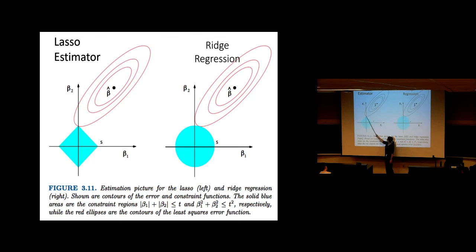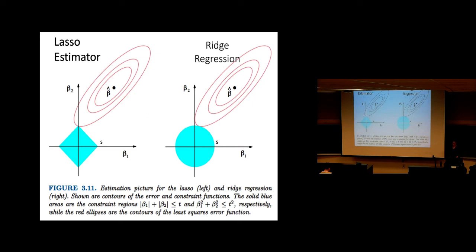It shrinks a lot of those betas to 0. Ridge is a soft shrinkage; lasso is a hard shrinkage. You can get the same effect with a norm of 0.5. Good question, later.